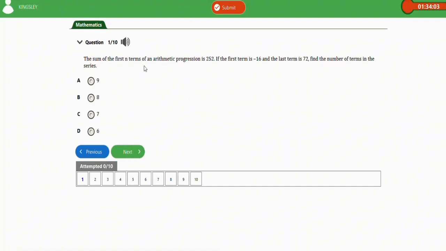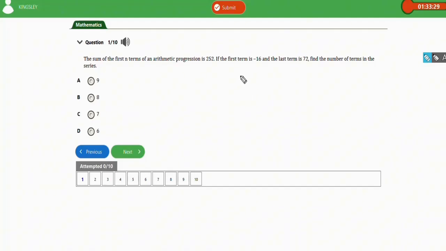The question says the sum of the first n terms of an arithmetic progression is this value. If the first term is minus 16 and the last term is 72, find the sum of terms in the series. To solve this question, note that there are two basic formulas you can use to find the sum of the terms in an arithmetic progression.